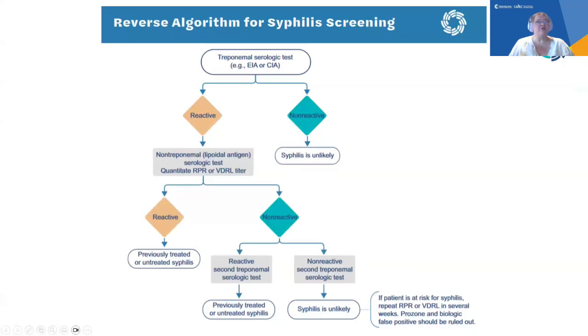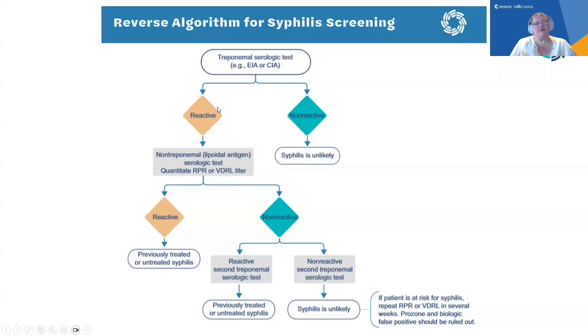So here is the reverse algorithm for syphilis. It's going to be treponemal first, and if it's reactive, it then dominoes into the VDRL or RPR. If it's reactive, then you have two that agree, and you either have syphilis, untreated syphilis, or have had it in the past.